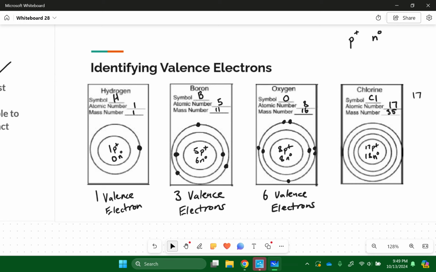My first energy level can hold 2. So let's put 2 right there. Make it a little smaller so it can fit better. It's 1, 2. My first energy level has 2 electrons. So I'm going to subtract 2. I've got 15 left. My second energy level can hold 8. So it's not going to be able to hold them all. So I'm just going to put 8 on there.